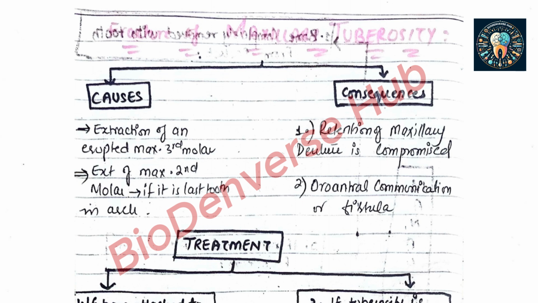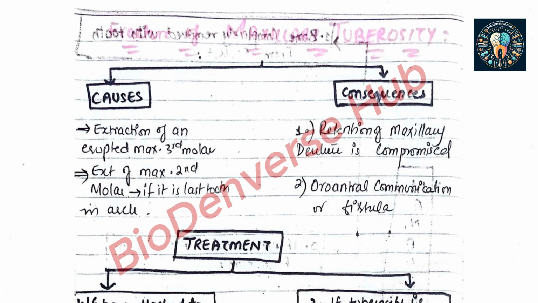In these cases, there are high chances that you could fracture the maxillary tuberosity. The consequences of the fracture of the maxillary tuberosity can be as follows: retention of the maxillary denture is highly compromised because this was a supporting area. Oro-antral communication or fistula can also form due to the fracture of the maxillary tuberosity.